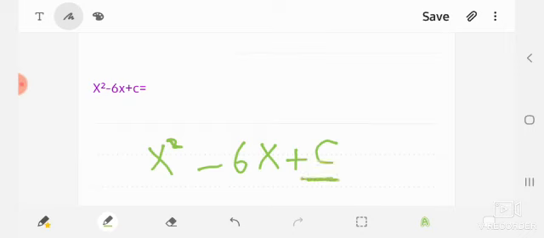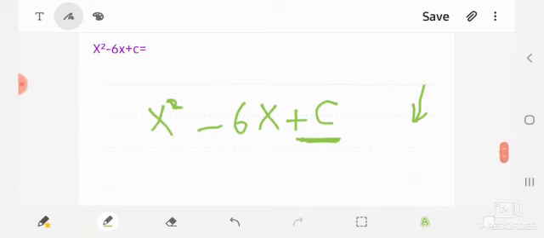It needs only the negative value for the number c. To find the negative value for c, you search for two numbers having different signs such that their sum is minus 6. Then c is their product.